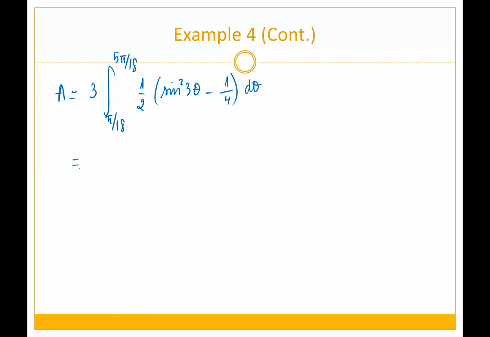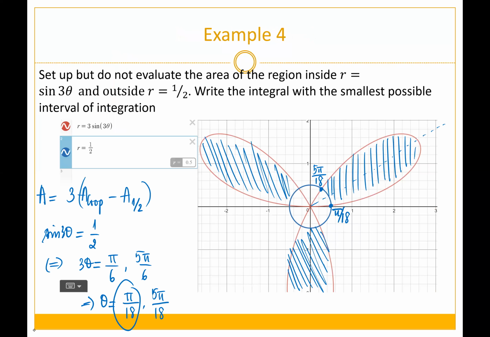Or you can even use further symmetry. So if you look here, this line is this big area of one loop outside of the half radius, you have the symmetry along this line, right? And you have to figure out what is the middle angle between pi over 18 and 5 pi over 18, which you can do by adding them together and finding the average.